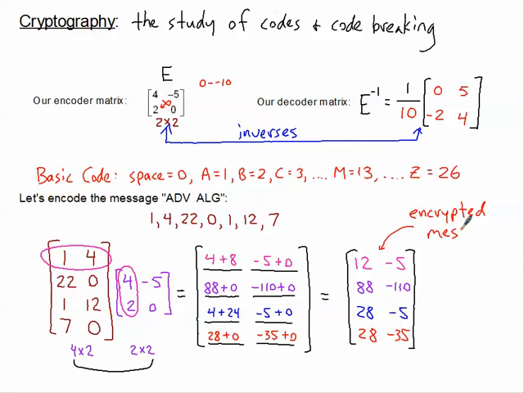This I can send over an email or write it on a note and give it to somebody. I don't mind if anybody gets this because you cannot figure out what these numbers mean unless you have the decoder. So this is basically nonsense, white noise to somebody unless they have the decoder.